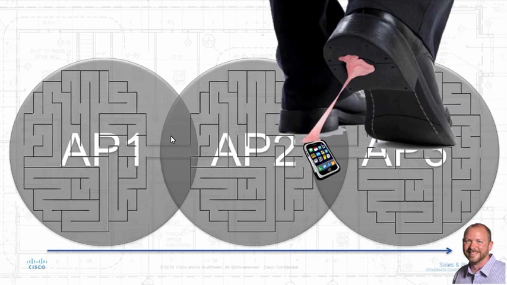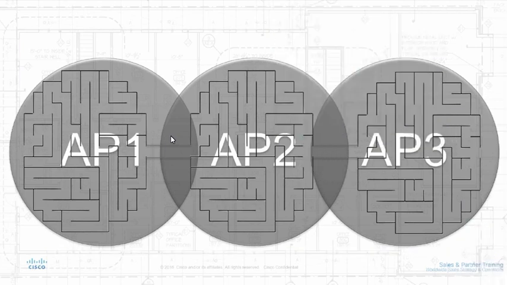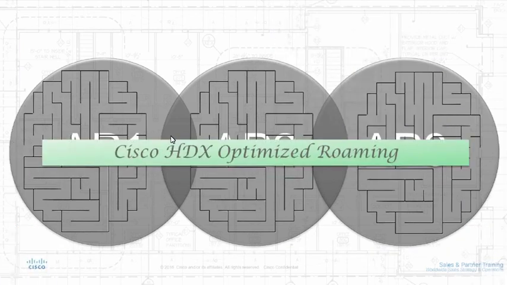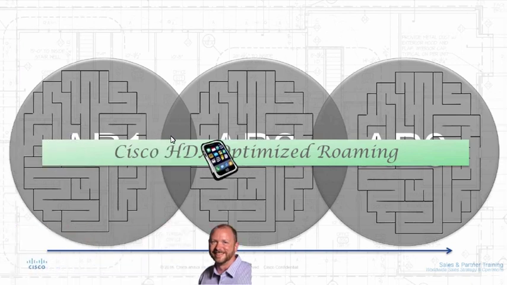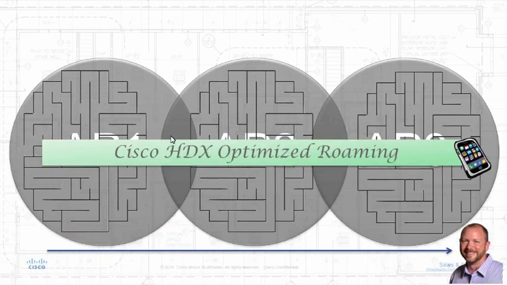And we fix this with something called optimized roaming, or HDX optimized roaming. So with optimized roaming turned on, the infrastructure sees the client moving around in RF space and recognizes that it's gone to the edge of one cell and into another cell. And the system itself can actually send a message to the client device, hey, roam now.